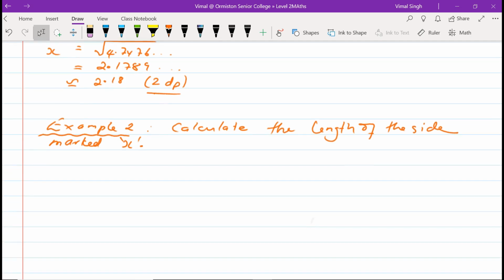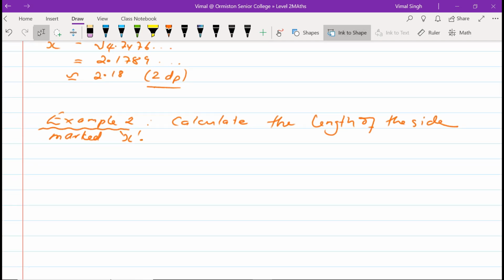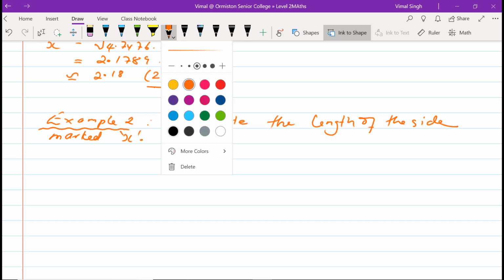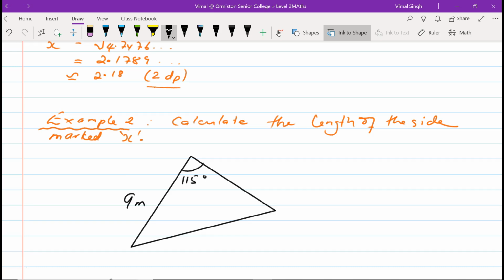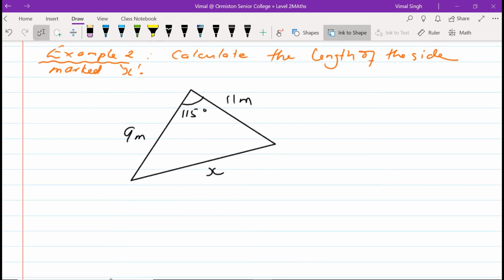Let's see if I can draw a little diagram here, and this time I'm going to change my pen. Let's go for black. Okay, so this angle over here is 115 degrees. This is 9 meters, and that side here is 11 meters. This is side x.